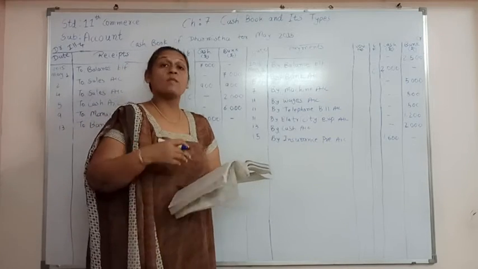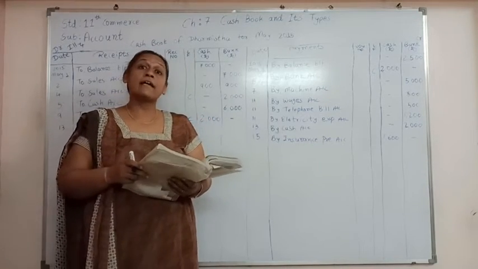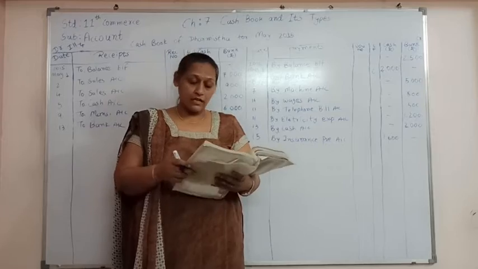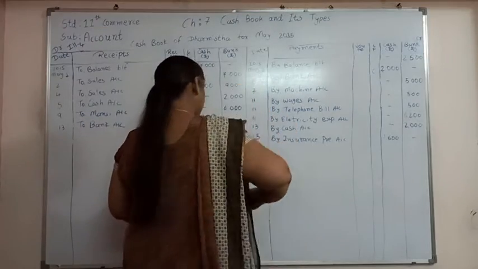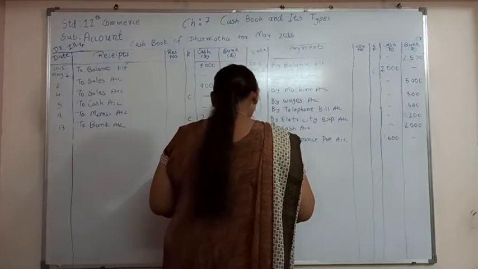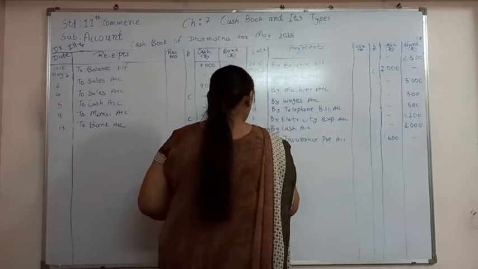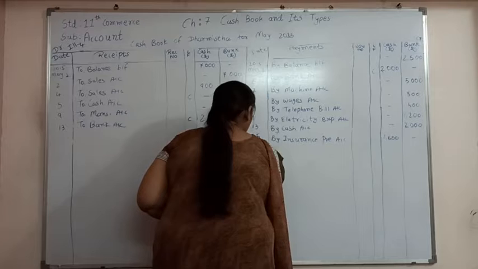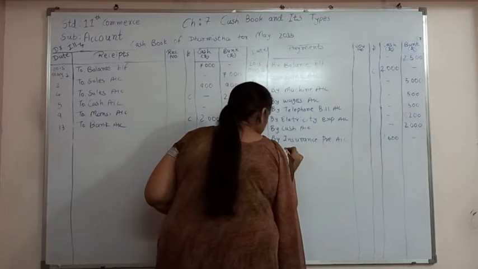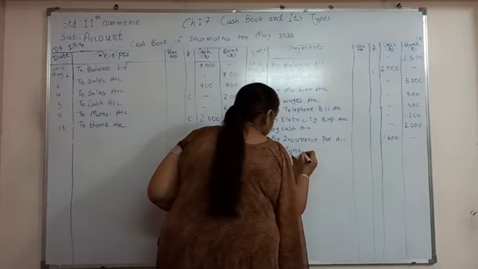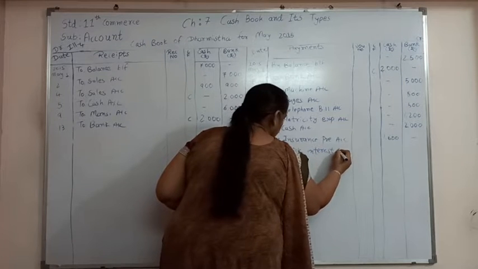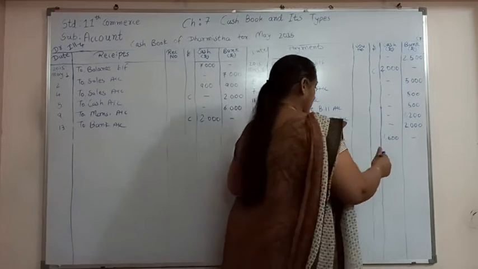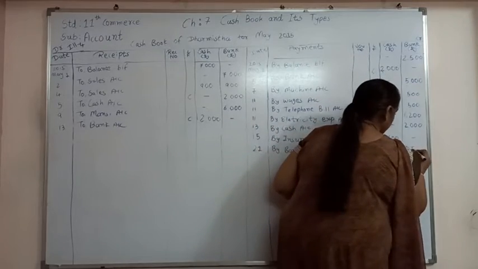Next will be on date number 21, bank debited rupees 150 to our account for interest on overdraft. As there is an overdraft in our bank account, the bank has debited interest. So that will be our expense. So we are going to write on the credit side of bank account, 21 by bank interest account, that will be 150.